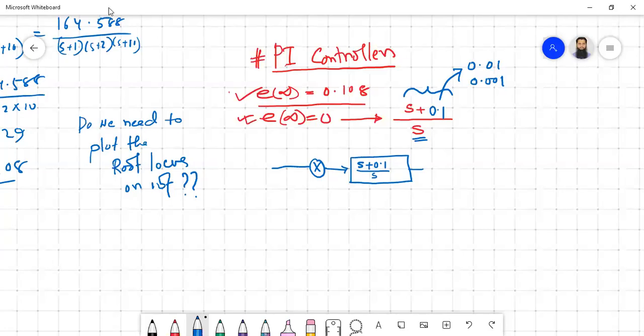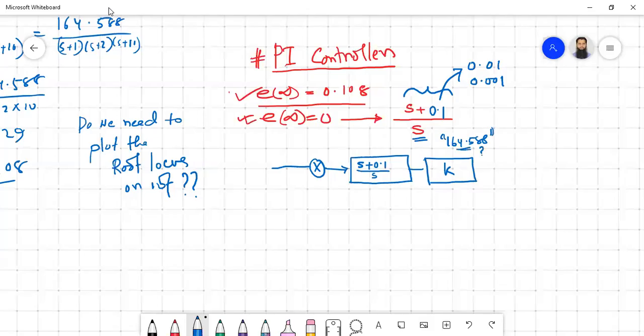And also we have our gain controller. Even though it is not that necessary, we already figured out the gain magnitude, which in the last case was approximately 164.588. What you have to check is whether this one is also changing or not.